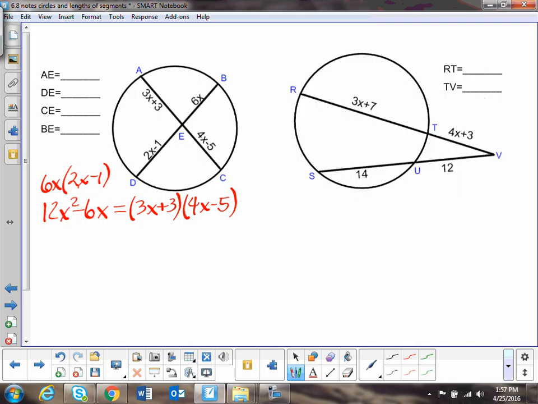Alright, so multiply the first term. What's that? 12x squared. That's the first term. What comes after that? Oh, outside terms. What's that? Negative 15x. Next one is I, inside terms.